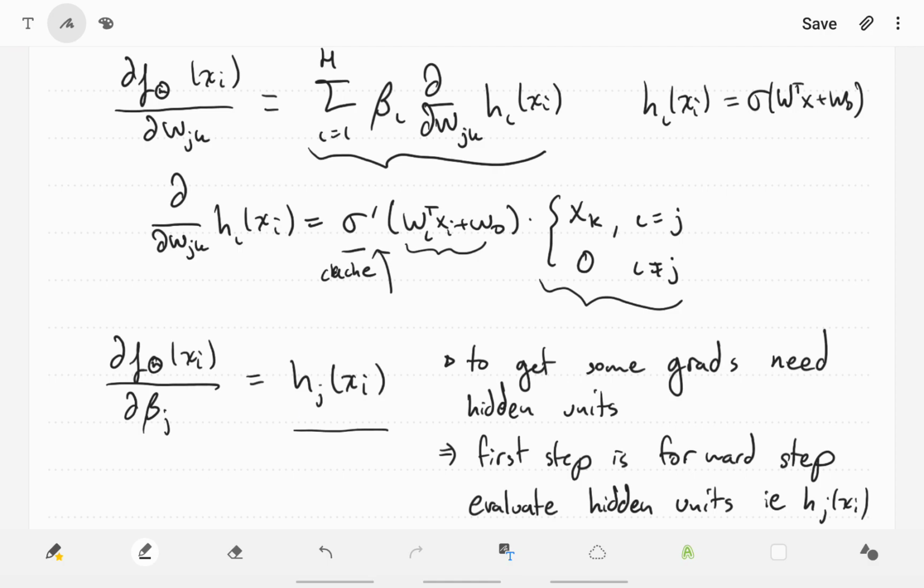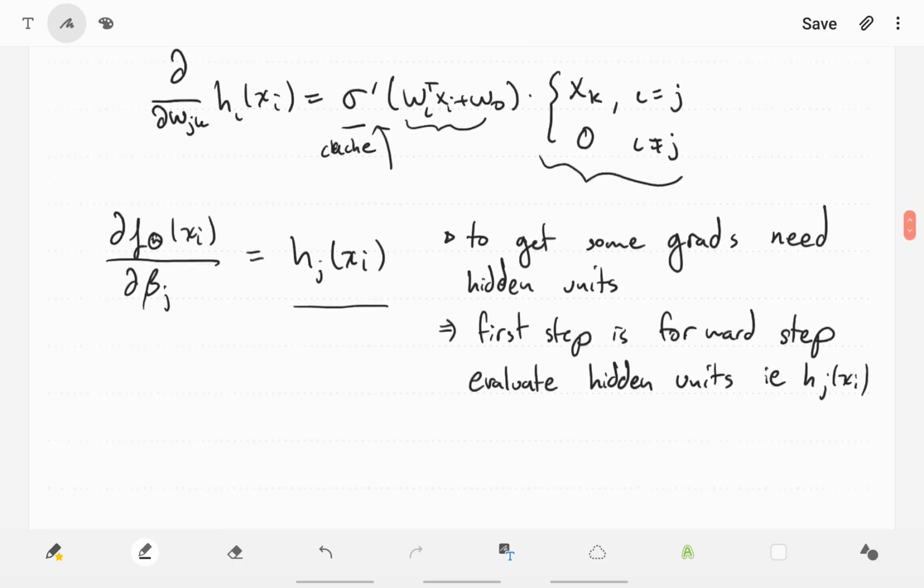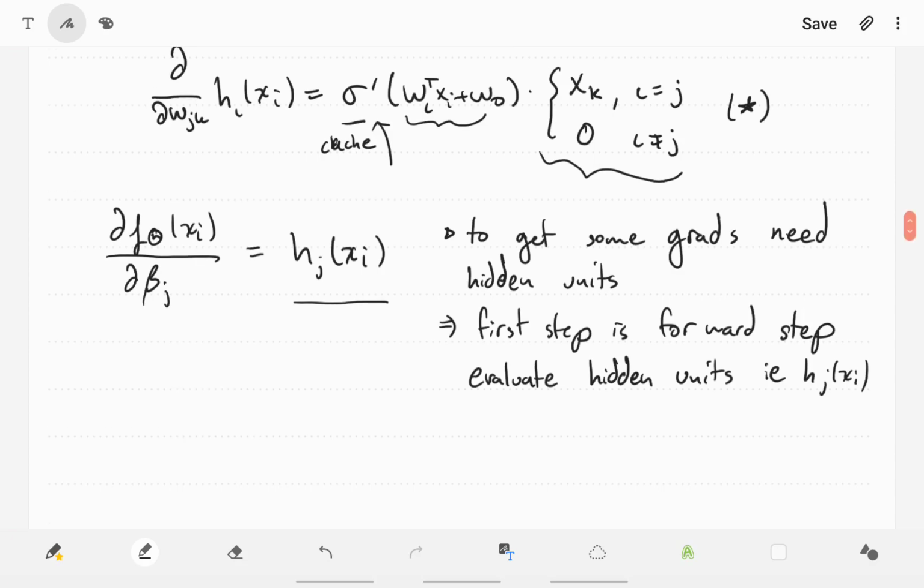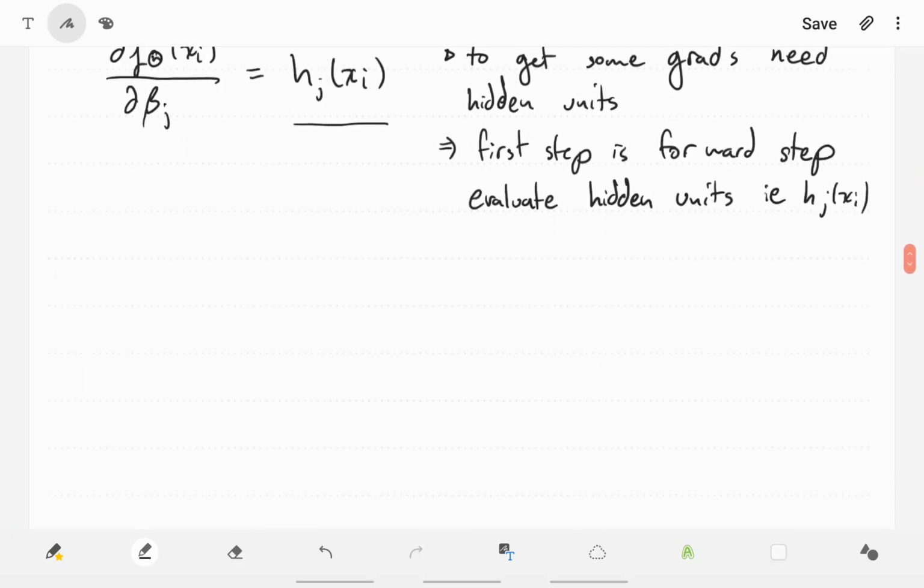We would need these hidden units, and then we would go to the trainable parameters in the next layer. So the w's are the trainable parameters in the next layer down, and then we would calculate the gradient according to equation star. So let's think about this in terms of a computation graph.